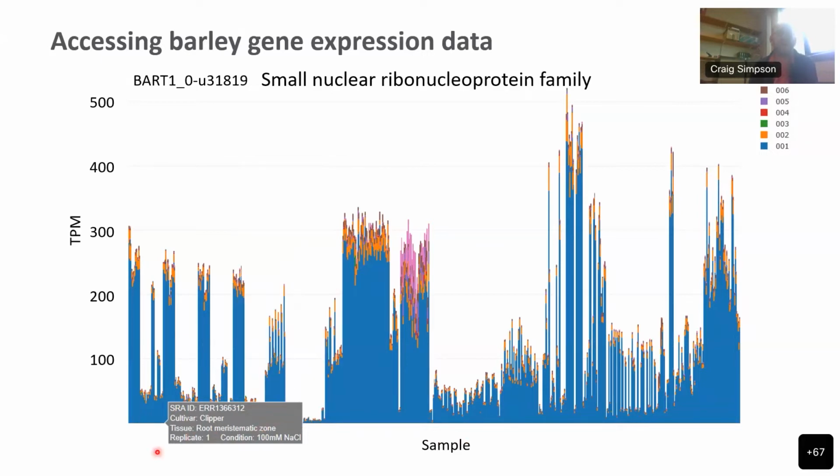So along the bottom here are all the samples, and up the side here are the TPM values for the expression levels. So you can see very clearly that you're getting very different levels of expression in the different tissues across all the samples. And you can go and look at these individually if you wish to.